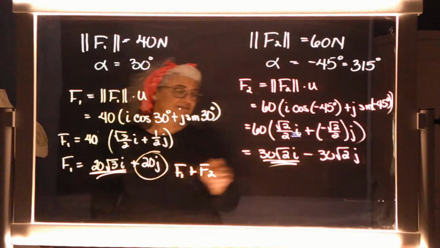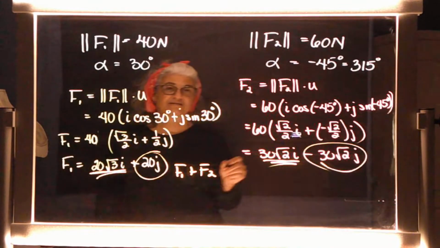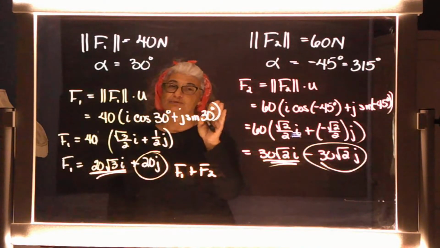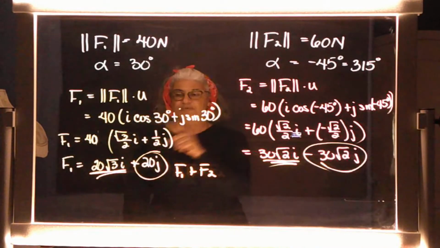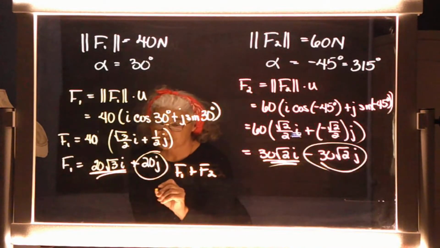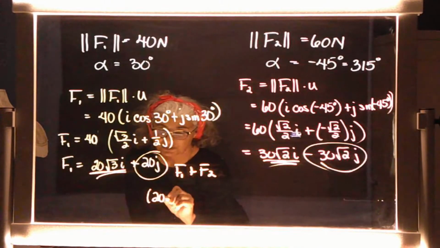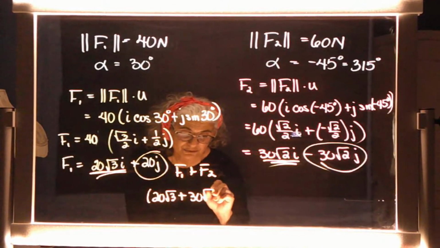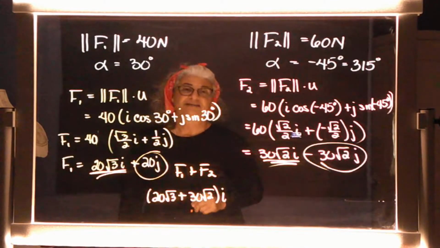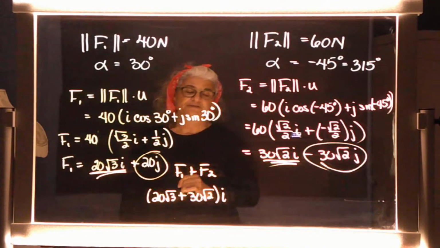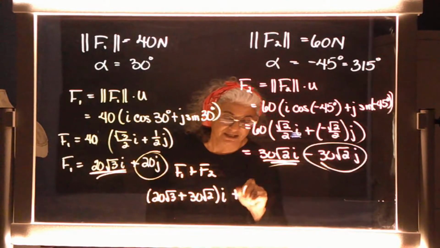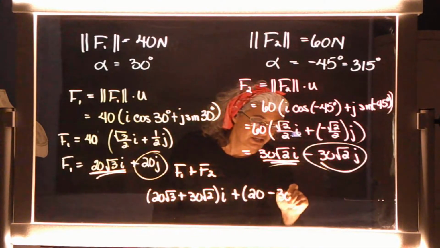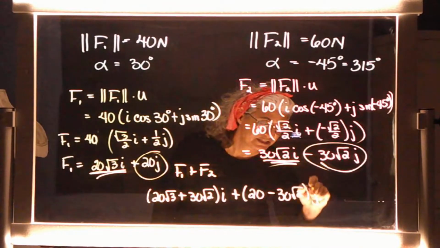And j's with j's. So this is going to look funky, and since they didn't say anything about decimals, stay off the calculators. So I'm going to add the i's together, which means we get 20 square root of 3 plus 30 square root of 2 i, there's my horizontal component, plus 20 minus 30 square root of 2 j.